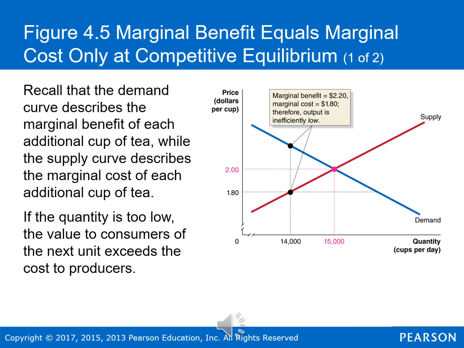So it only costs firms $1.80 to produce another cup of tea, but consumers get the benefit of $2.20. Because the marginal benefit is greater than the marginal cost, firms and consumers will be willing to trade at this price. So they're going to increase production until the marginal benefit equals the marginal cost, so until, in this case, $2.